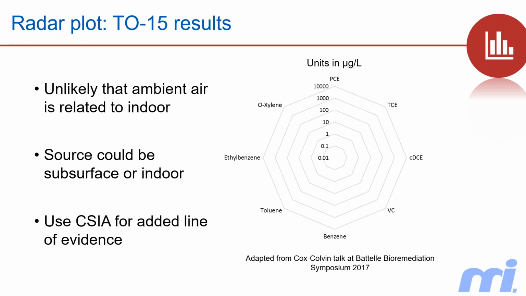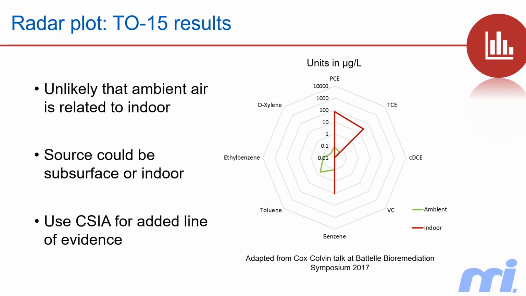If we're looking at TO-15 results of just VOC analysis, what we might do is start with looking at the indoor air. And we can see some of these compounds are present. We see benzene, TCE, PCE present at certain concentrations. Now we'll do an analysis of the ambient air. If we show that on our radar plot, each of these wheels is a higher concentration, an order of magnitude higher from the previous internal wheel.